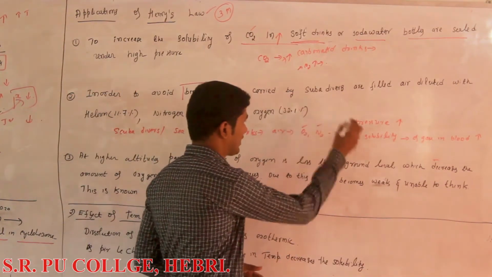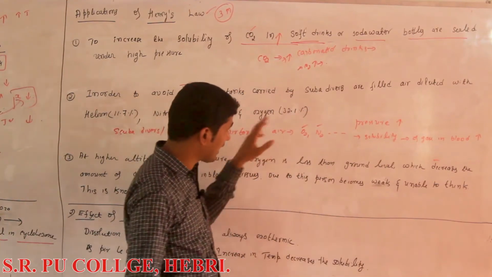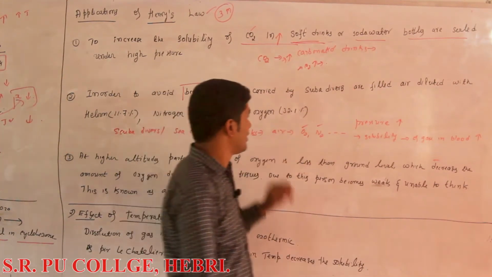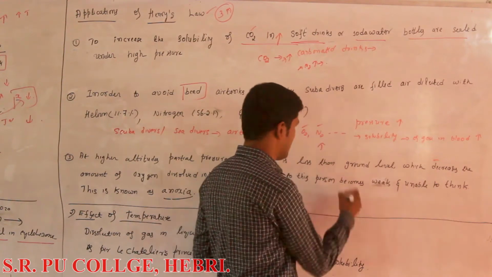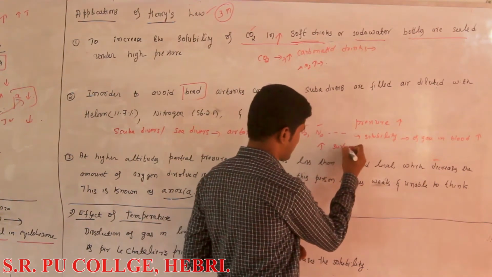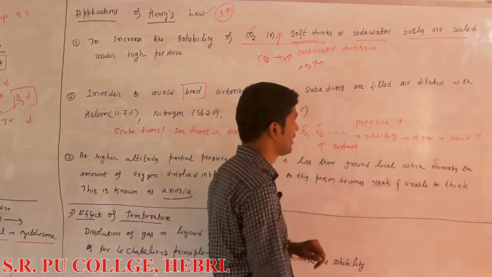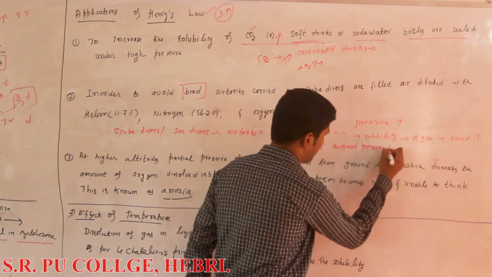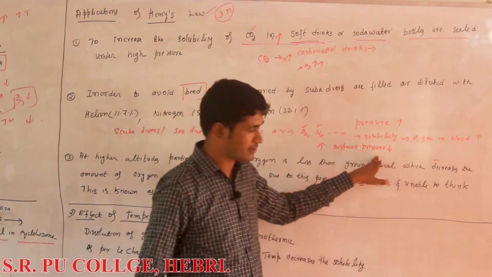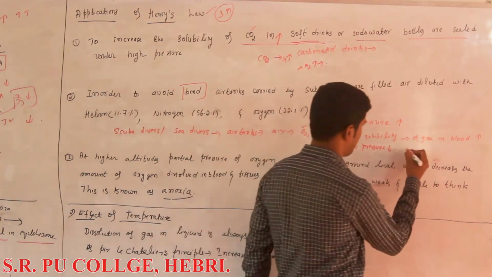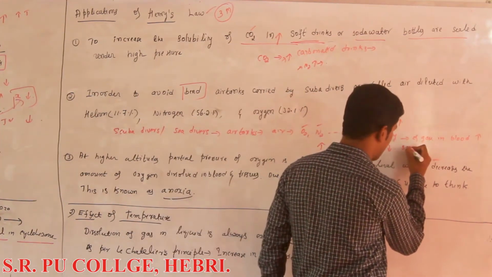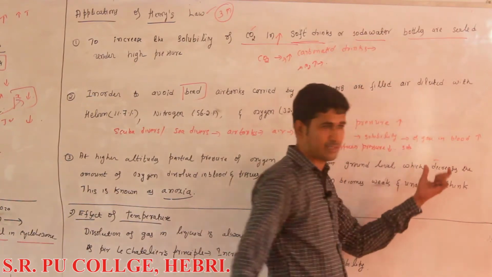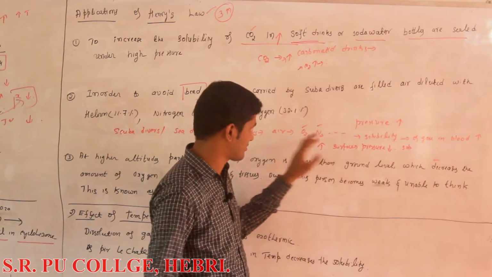The solubility of all the gases present in the air tank in the blood increases. Now when they come up from the sea, when they come to the surface of water, pressure decreases. Due to decrease in pressure, solubility of gases in blood decreases.